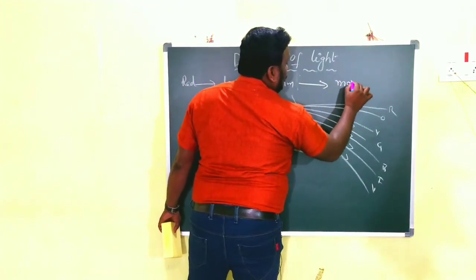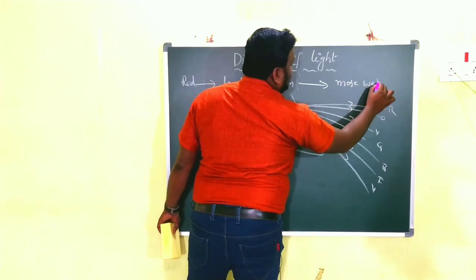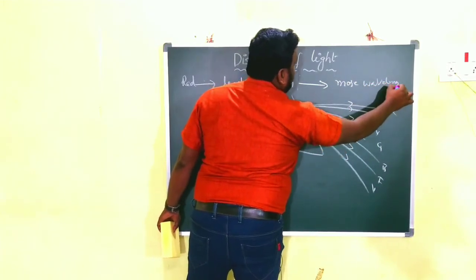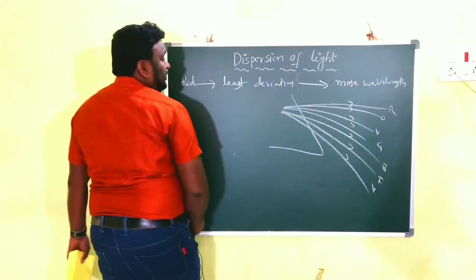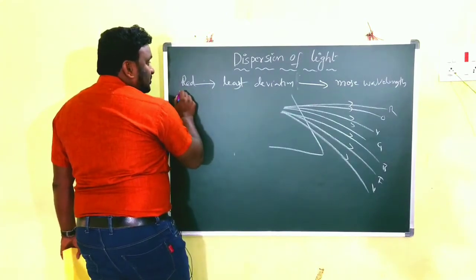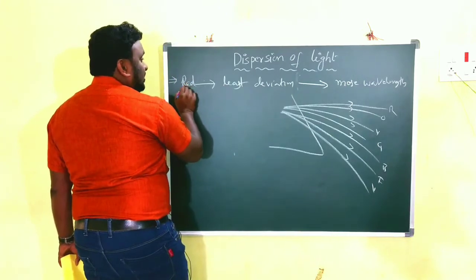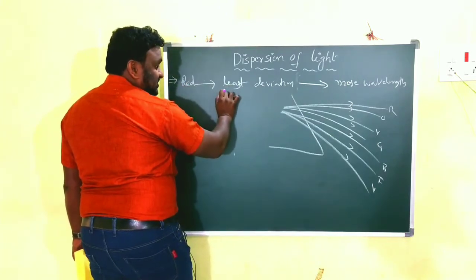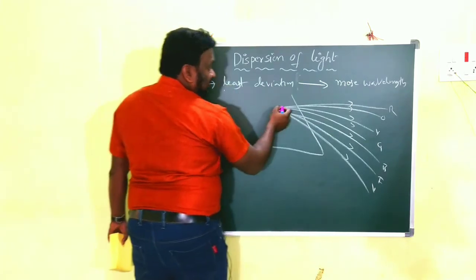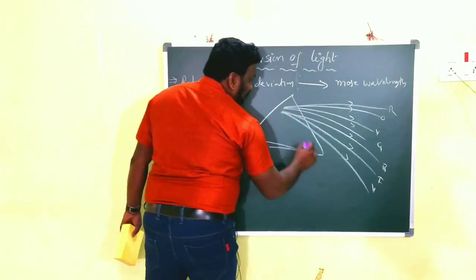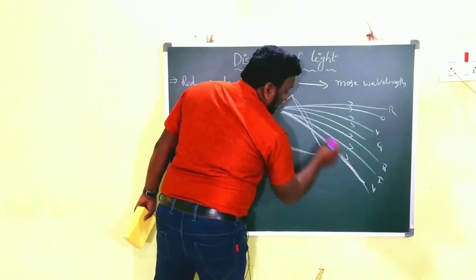That should have more wavelength, the most wavelength. Wavelength is very high for red color. Clear? For red color, you have to remember this point, children: deviation is less. And this is the violet. Violet bends more.